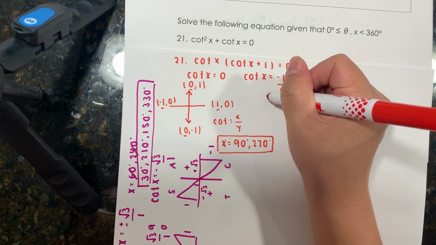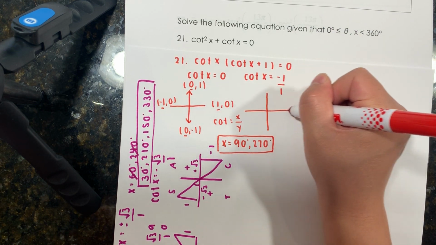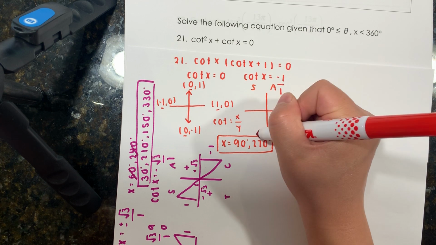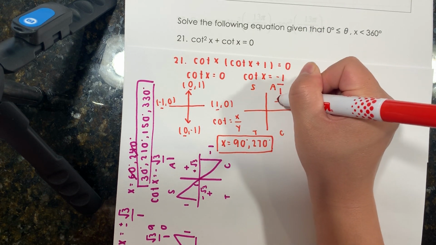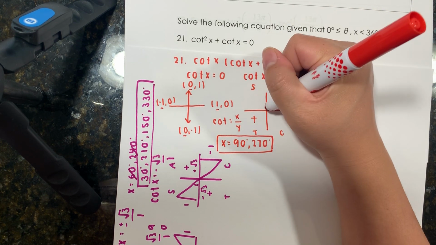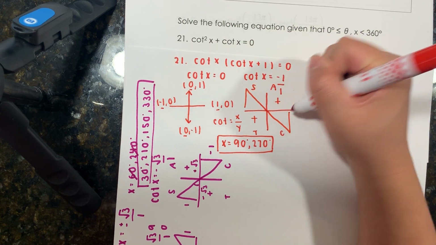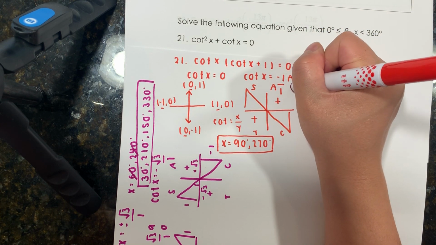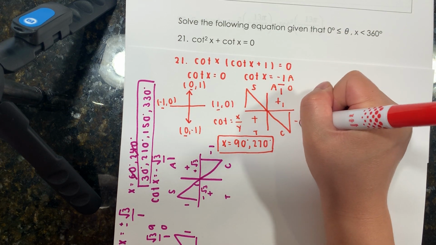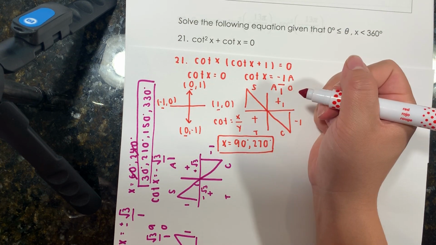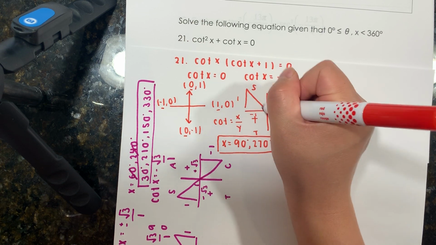Now for the second one where cotangent is negative, well, if I know All Students Take Calculus, I know it's positive in 1 and 3, so therefore it's going to be negative in 2 and 4. And this is adjacent over opposite.